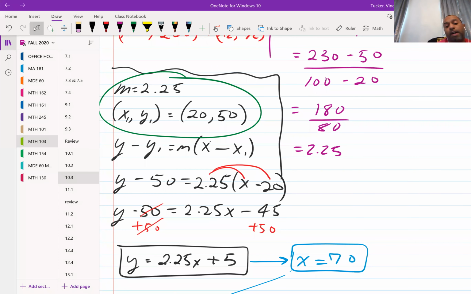Distributing 2.25, that'd be y minus 50 equal to 2.25x minus 45. Then to finish simplifying the equation, we'll add 50 to both sides, and that'll be y equal to 2.25x plus 5.